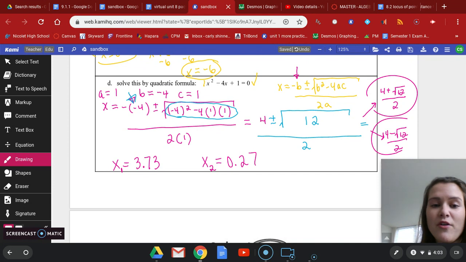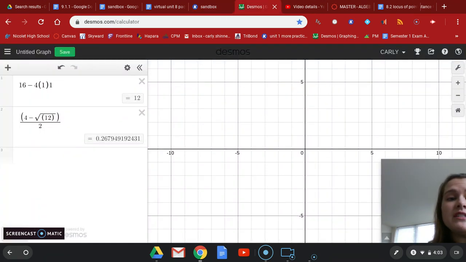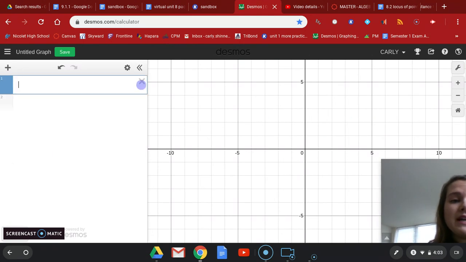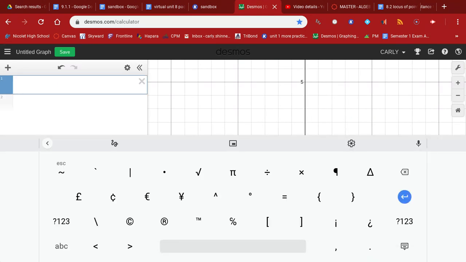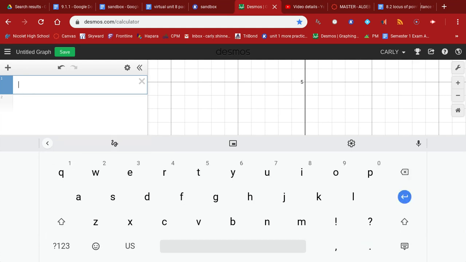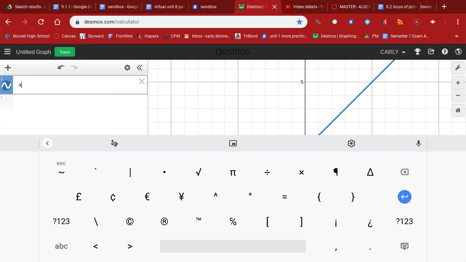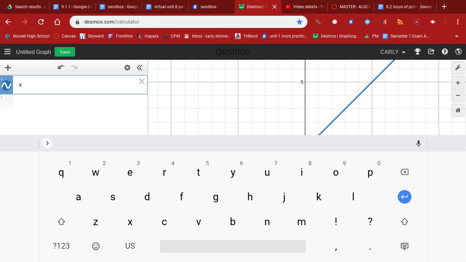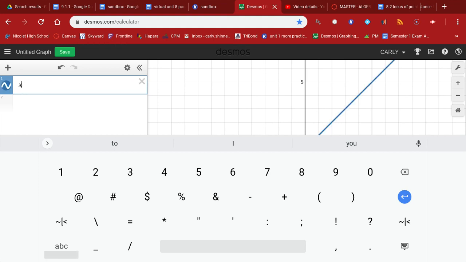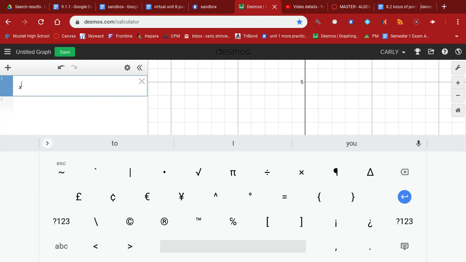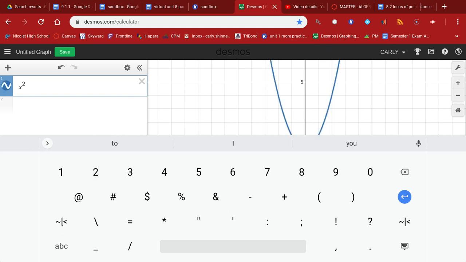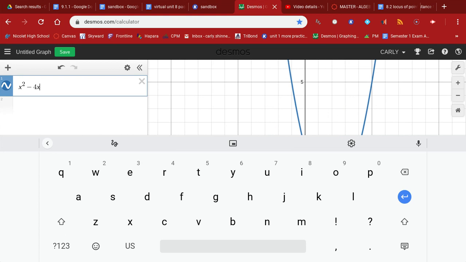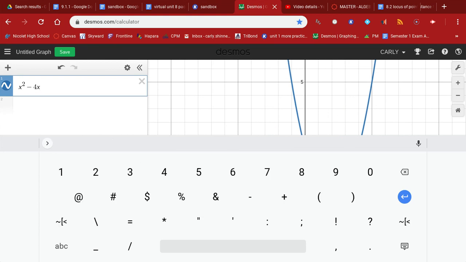So those are my x-intercepts for this guy. Again, if we wanna check this, I'm just going to type this into my Desmos or your graphing calculator, whatever you're using. So we have x squared minus 4x plus 1, right?